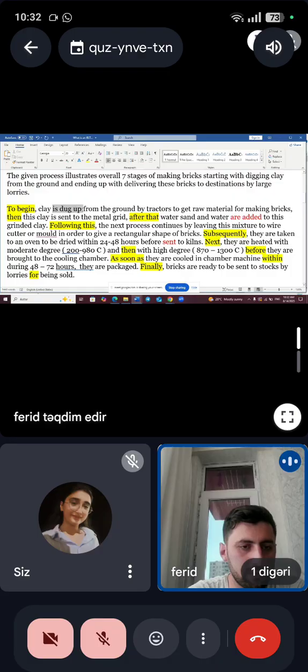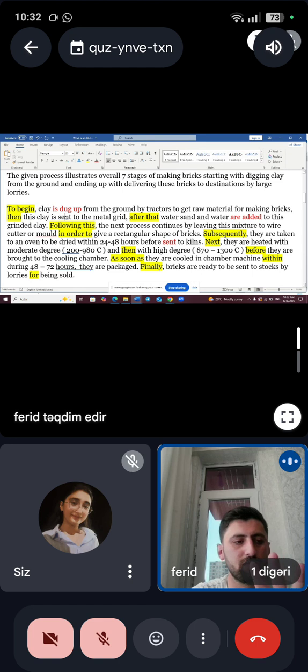You see that all of my sentences are in passive voice. I used passive voice and sequential orders, and I tried to make complex sentences, not simple ones.